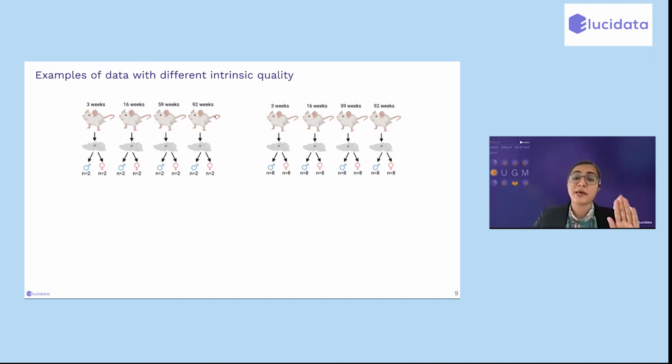Compare that to an experiment on the right, where it's the same experiment design, but the number of samples is different. Each experimental category consists of 16 samples instead of a total of 4 samples. This will be obvious, but I'll state it because it's important to show that this really affects the intrinsic quality of the data that were generated.